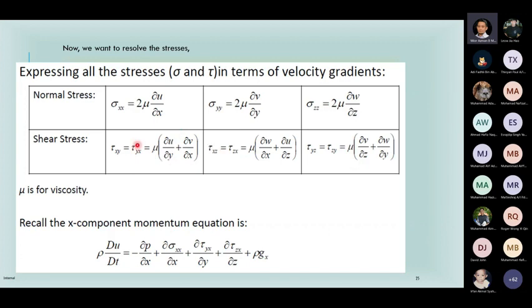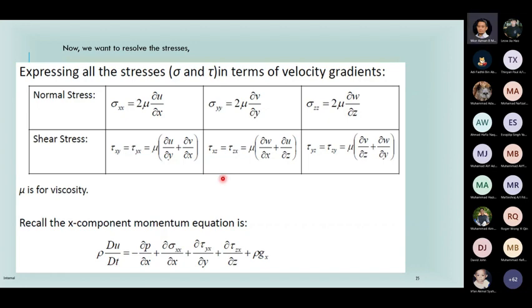You have seen this formula before in solid mechanics, the same principle applied to a solid material, but here we apply it to a fluid, with the viscosity.